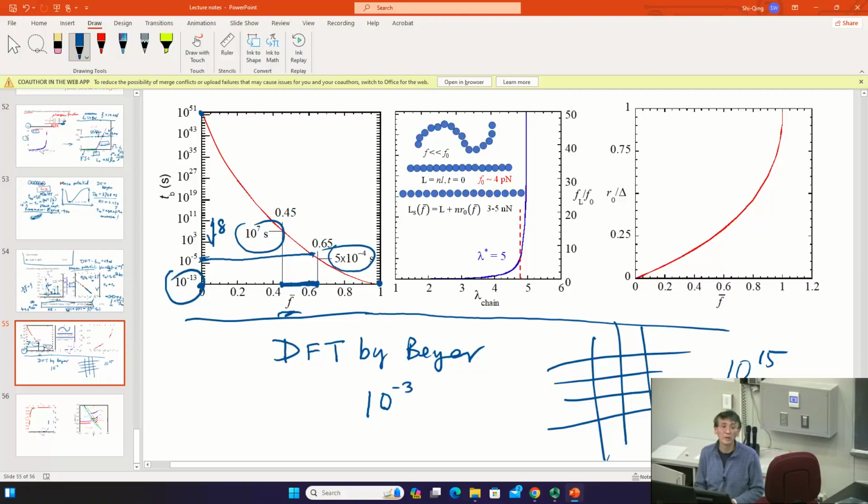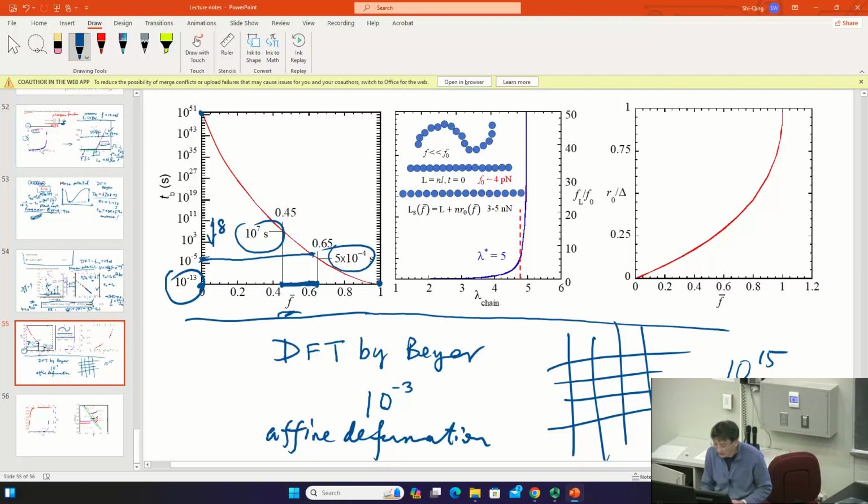In fact, more importantly, it really speaks about the difficulty of describing mechanics, which is how much we can speak about affine deformation. In other words, I don't have access to this chain, how much it's being stretched. I only have access, and then we assume this chain is the same as this rubber.